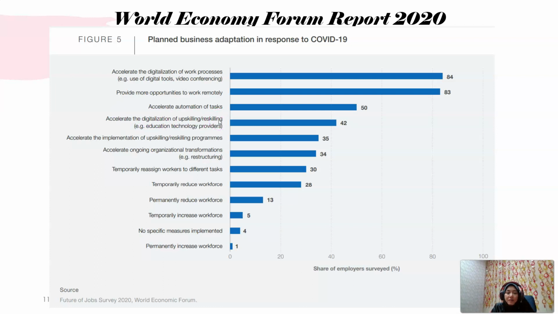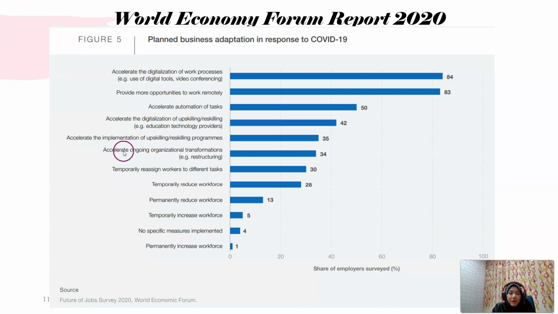And then we also have the accelerated digitalization of upskilling and reskilling. If we have digital forms of work processes, you need to have the skills to support the digital process. For example, if you want to attend class, you need to have the skill to know how to operate the technology for online learning.